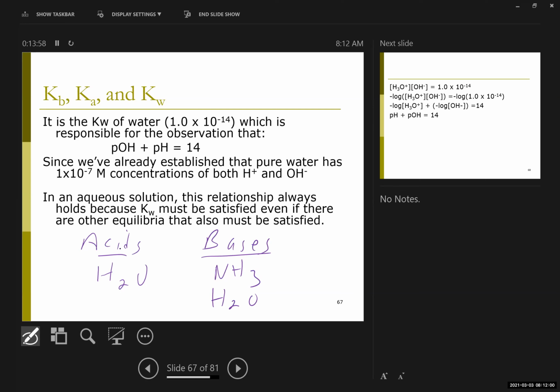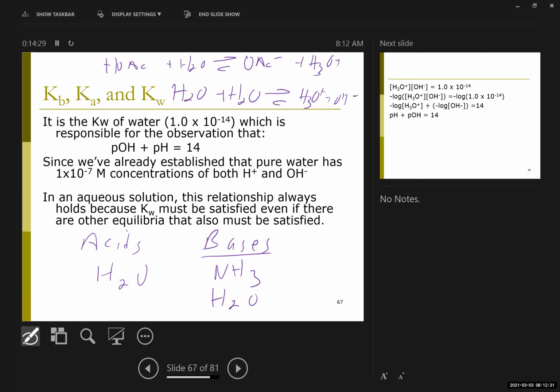In fact, if I go all the way back, I don't want to go all the way back because you don't want me to go all the way back. But if I go back to my acetic acid, which was my acid example, technically, that was a case where there were two acids and one base. The only base was the water, but I also had acetic acid as an acid and water as an acid.